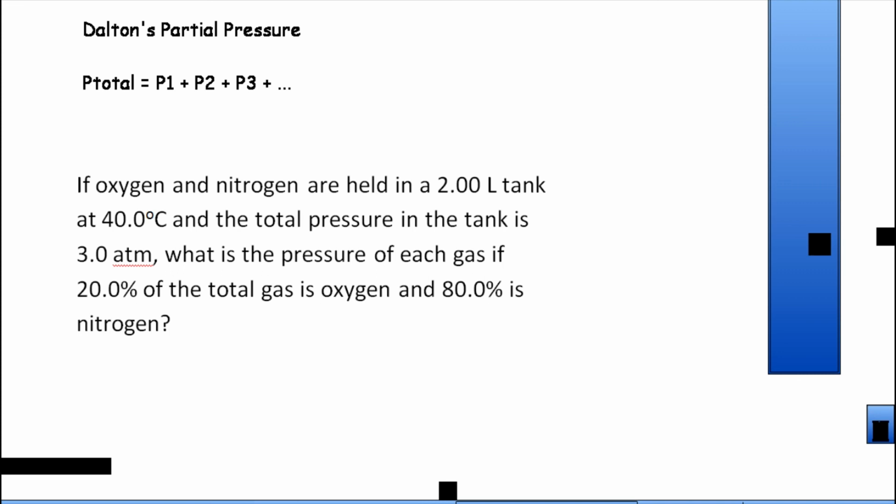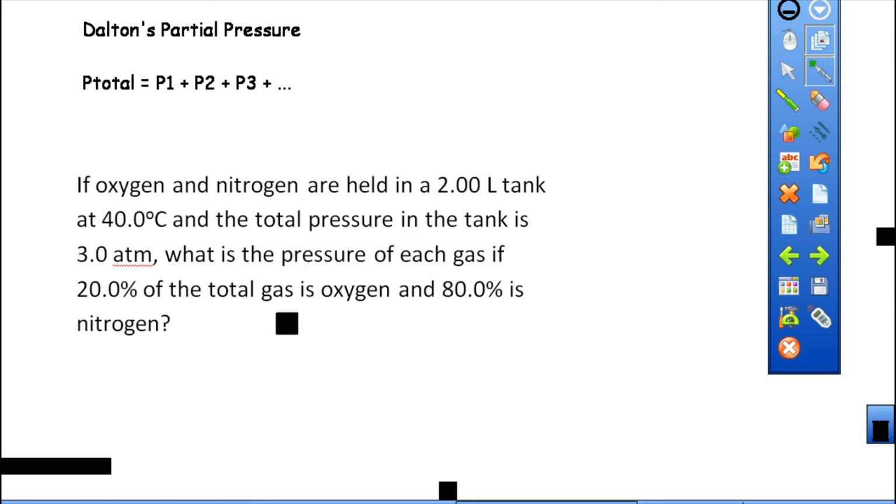Well, if 20% of the moles in the container are oxygen and 80% of the moles in the container are nitrogen, then 20% of the pressure is going to be caused by oxygen, and 80% of the pressure is going to be caused by nitrogen. So the sum of those two pressures gives us that 3 atmospheres.